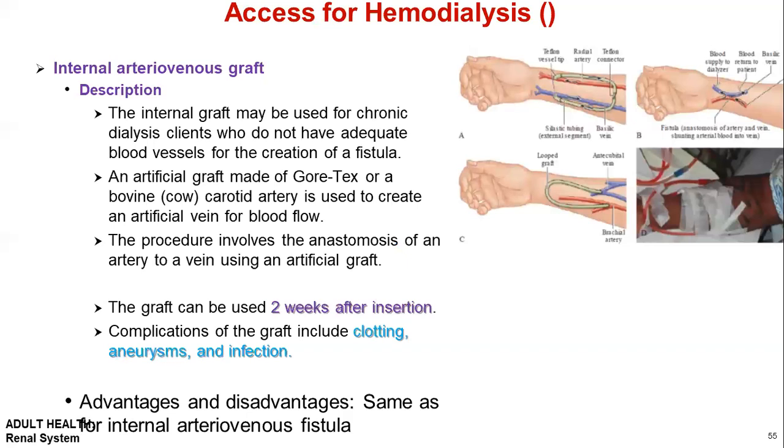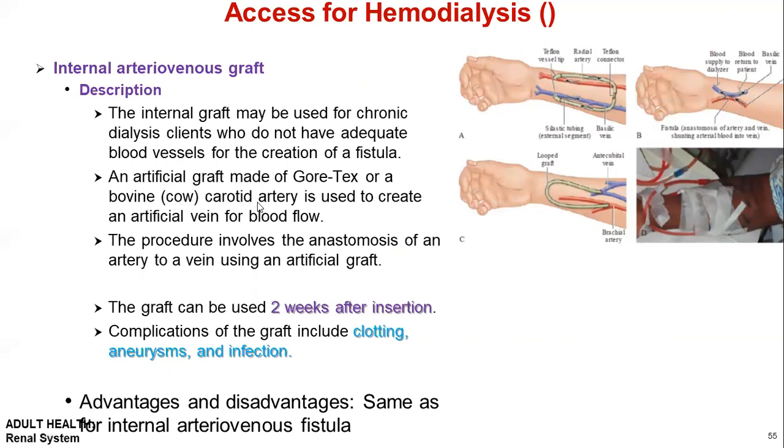There's some more information. Let me read it about the internal arteriovenous fistula or grafting. This picture, number C, is a grafting. So an internal graft may be used for chronic dialysis in clients who do not have adequate blood vessels to create a fistula, or an artificial graft made from the carotid artery of a cow, called bovine carotid artery.